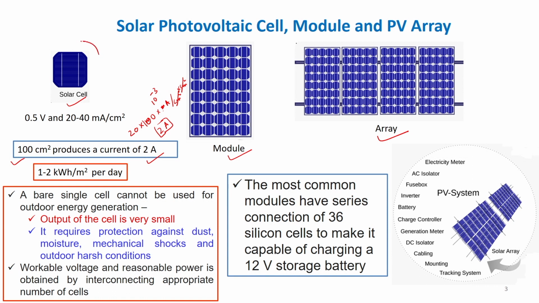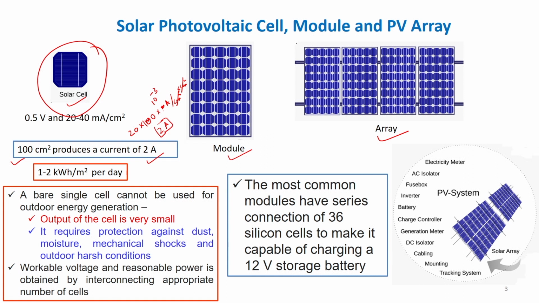But single cells cannot be used for power generation, because the output of the cell is very small and it requires protection against dust, moisture, mechanical shock and the outdoor harsh environment.